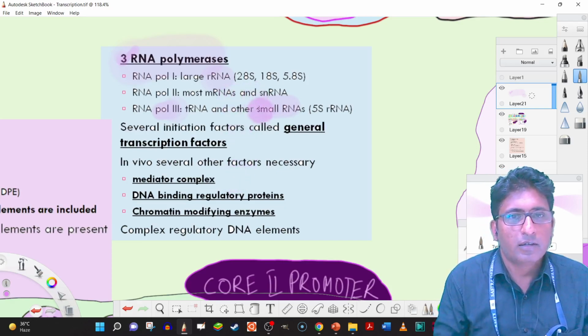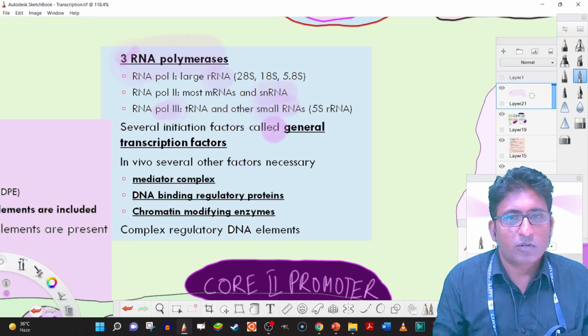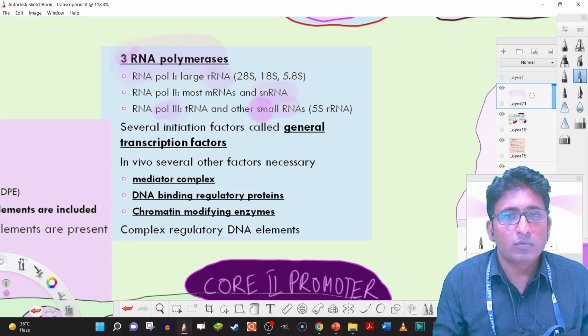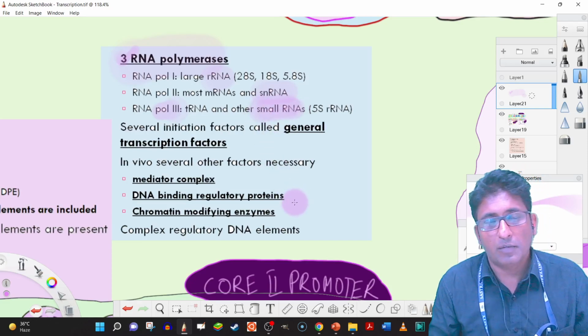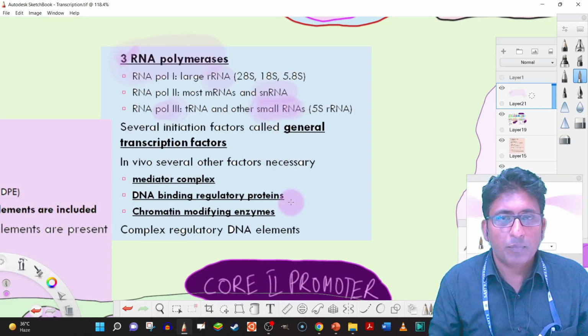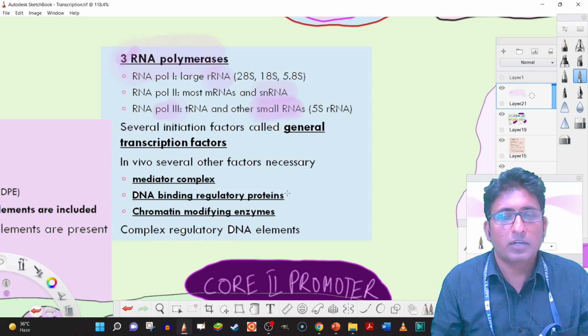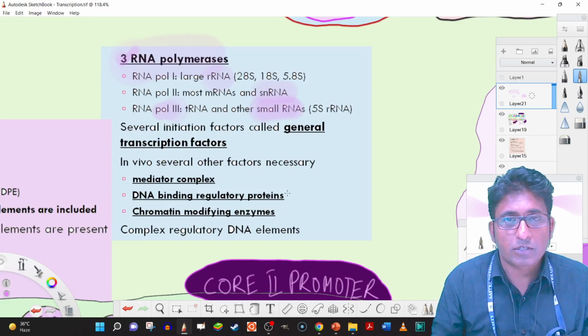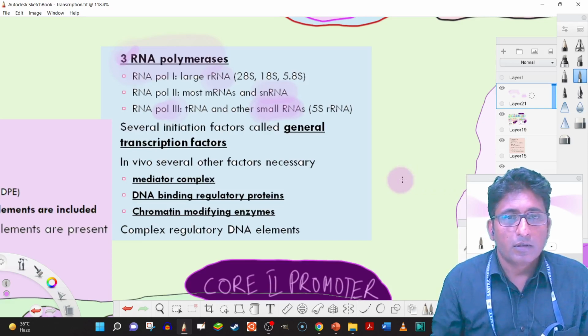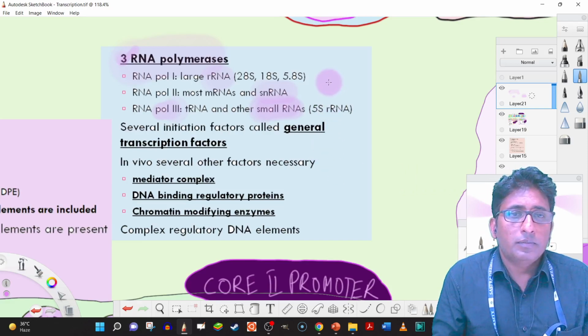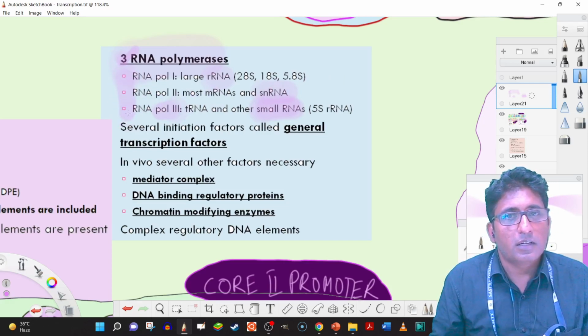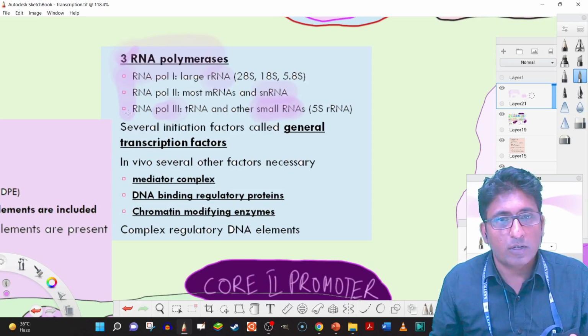Of course, there are small additions, such as small nuclear RNAs for RNA polymerase 2 and small RNAs for RNA polymerase 3. Apart from that, a huge number of general transcription factors are involved in transcriptional initiation and also elongation. Because there are 3 different RNA polymerases, we can expect 3 different types of promoters as well.